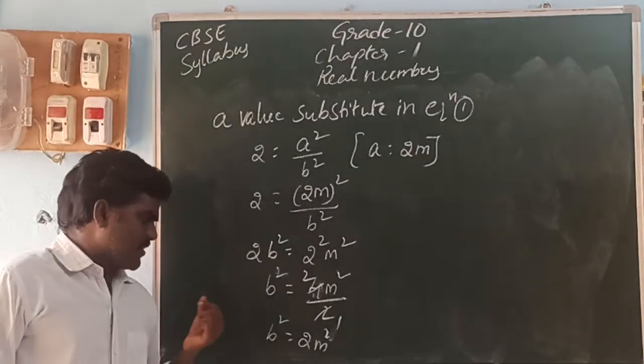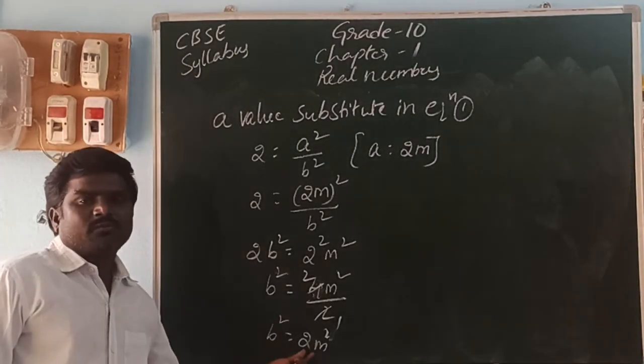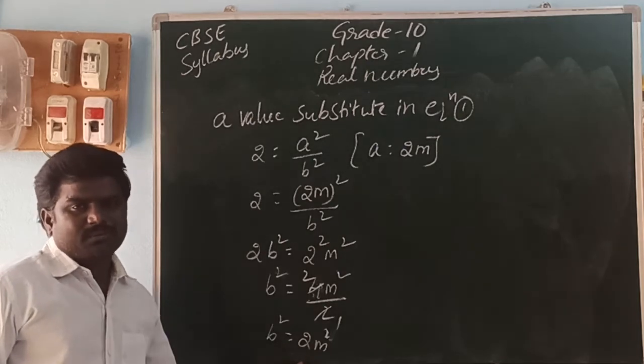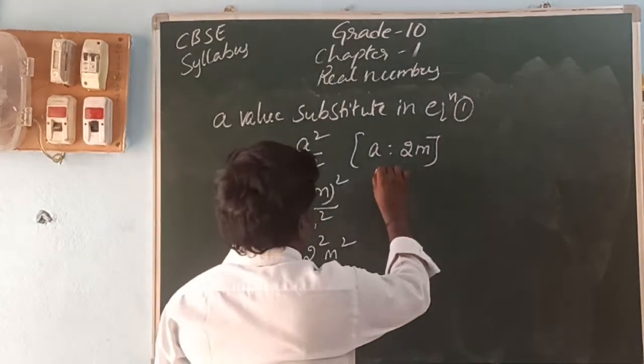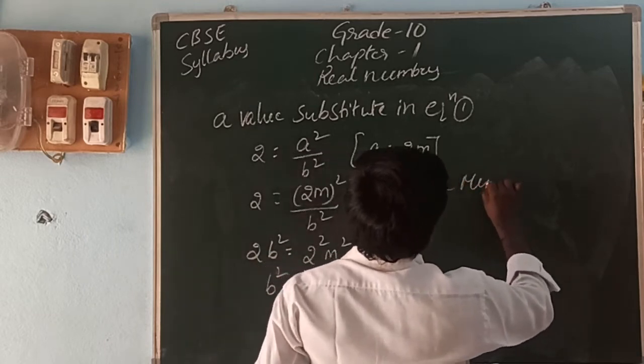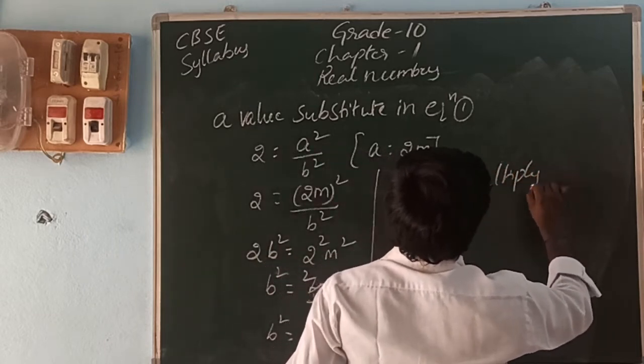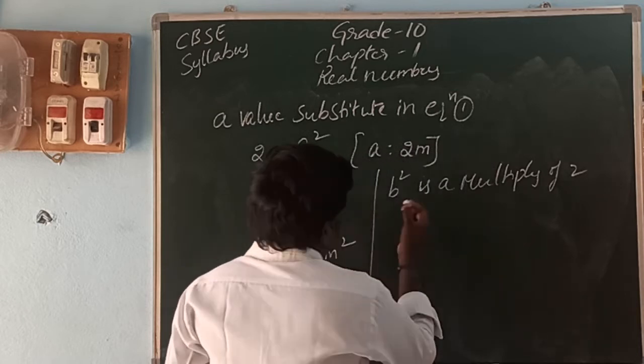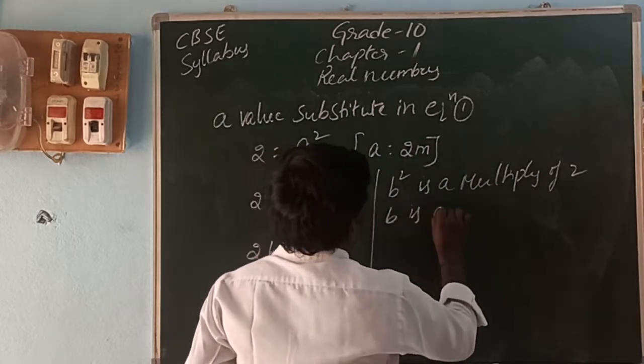When you observe this equation, b square is multiples of 2. Then b is also multiples of 2. So here b square is a multiple of 2. We know that b is also a multiple of 2.